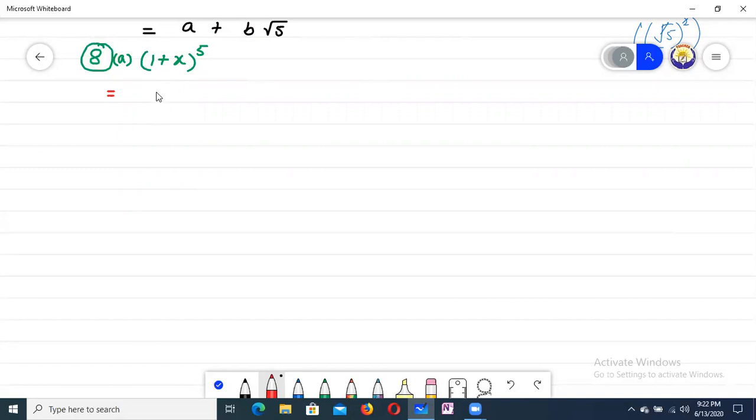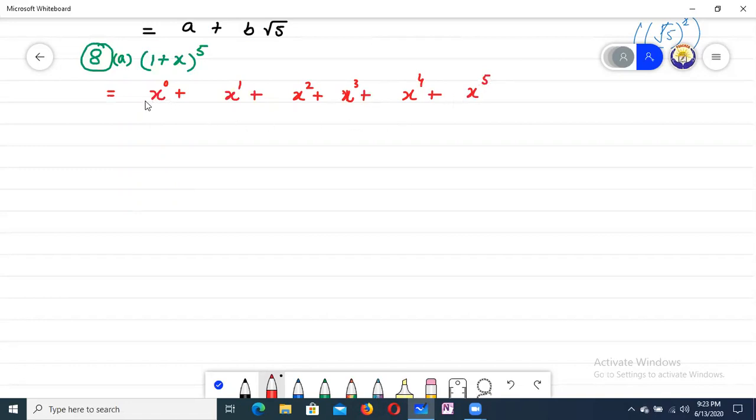Then we will start here only from x raised to the power 0 plus x raised to the power 1 plus x square plus x cube plus x raised to the power 4 plus x raised to the power 5.